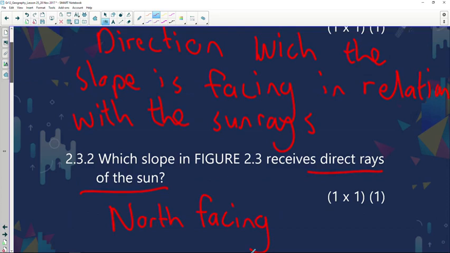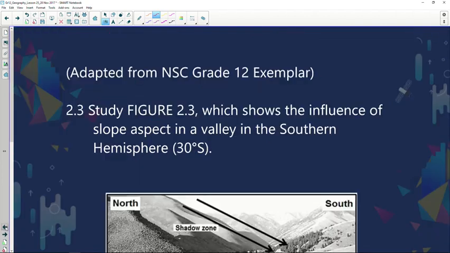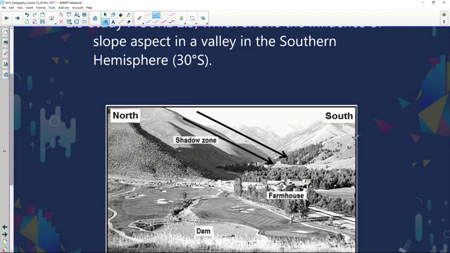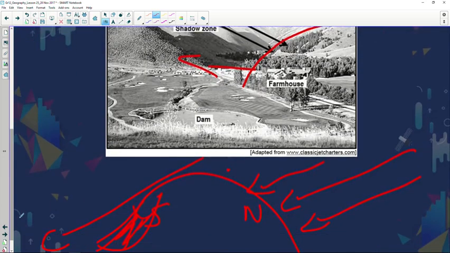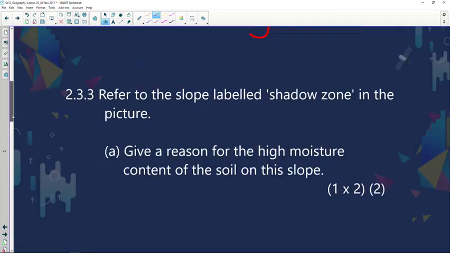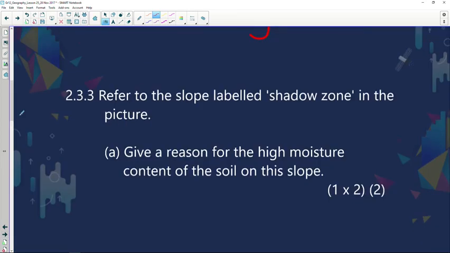The north-facing slope, because as you can see, this slope is facing towards the north, and have a look at the incoming solar radiation and check out the shadow zone, like I've explained to you down there.